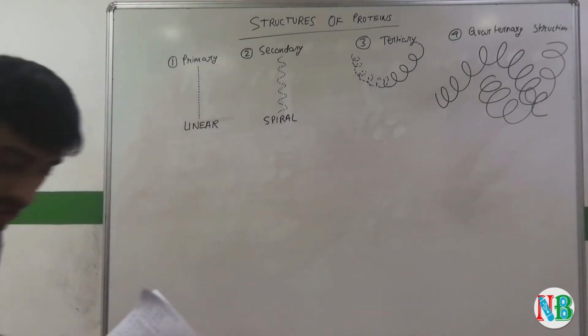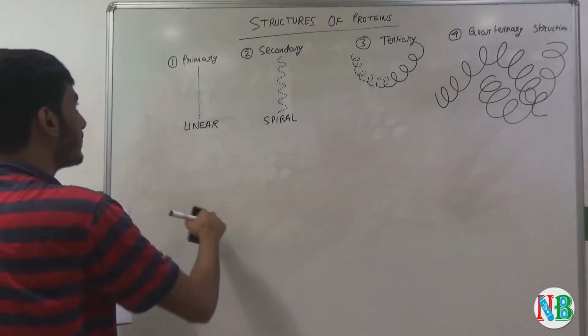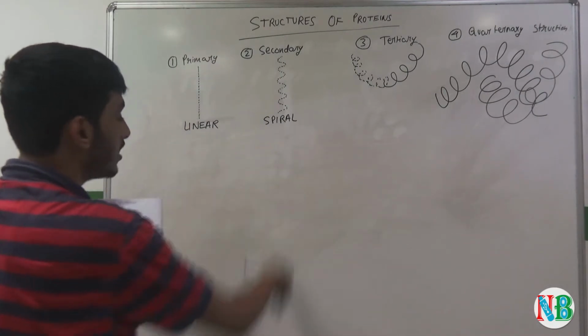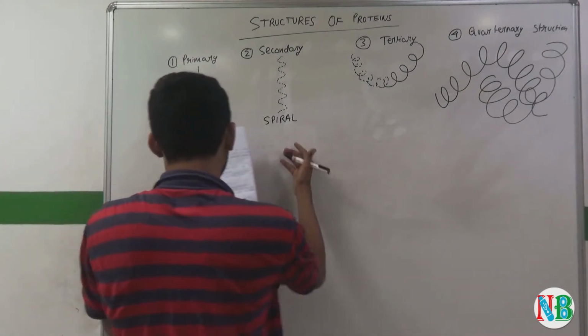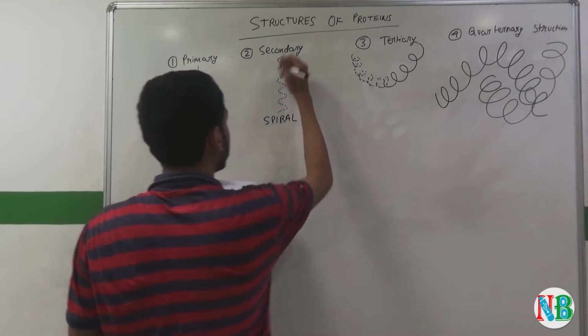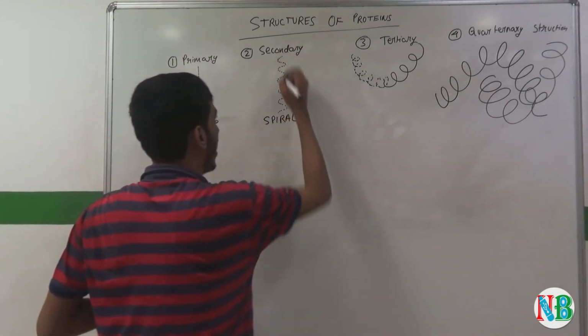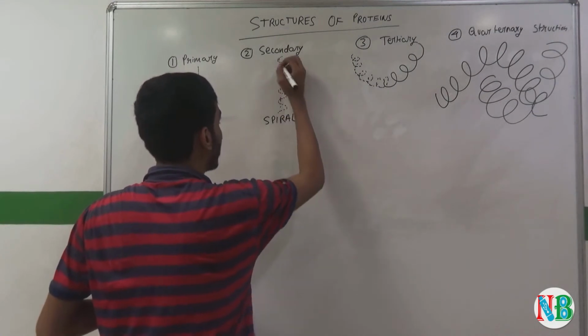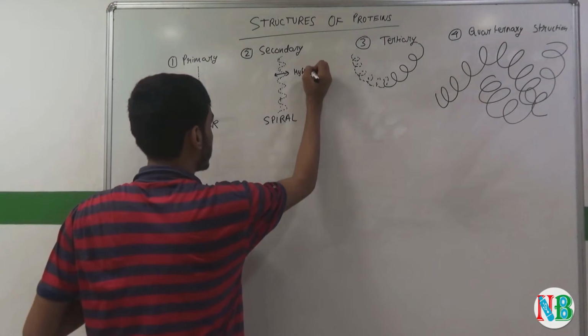Okay. So now that I know how it looks, the second one is how it is arranged. In this, the different chains are attached to each other using hydrogen bonding.